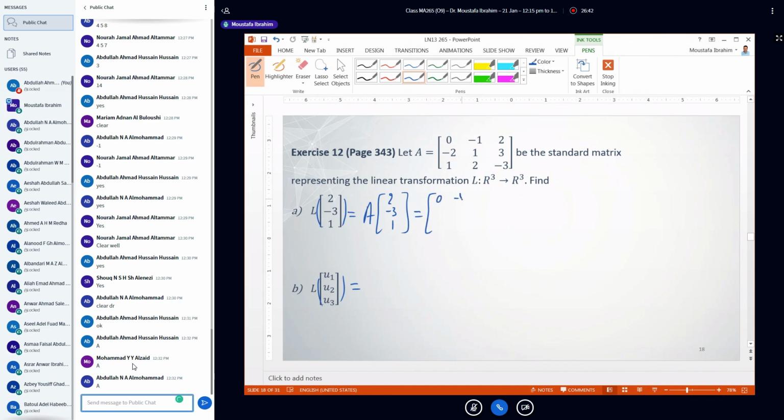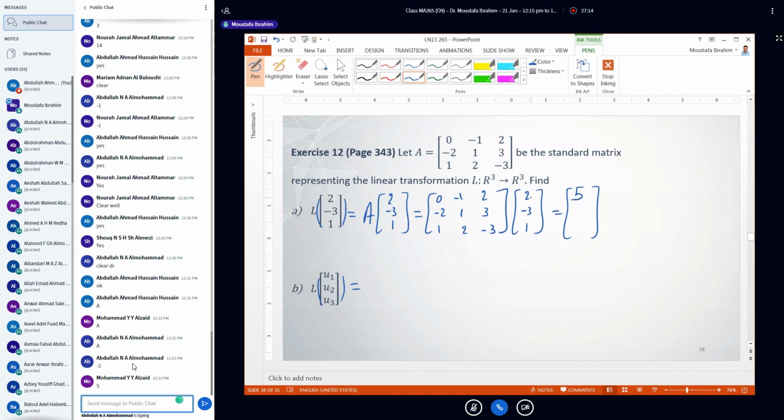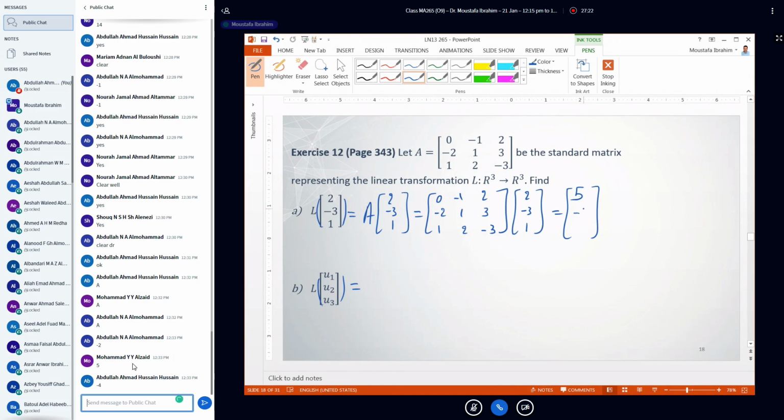So it's the matrix [0, -1, 2; 2, 1, 3; 1, 2, -3] multiplied by (2, -3, 1). Multiply, guys, row by column. What do we get for the first one? Yalla, guys, multiply. 0 plus 3 plus 2, 5. Very good. Second one, -4 - 3 + 3, -4.